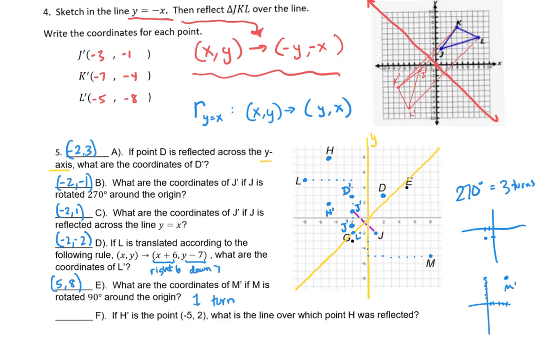So let's do some counting. 1, 2, 3, 4, 5, 6. So there's 6 units between the two. So let's go 1, 2, 3, and that's got to be the middle. So that's the line that they were flipped over.